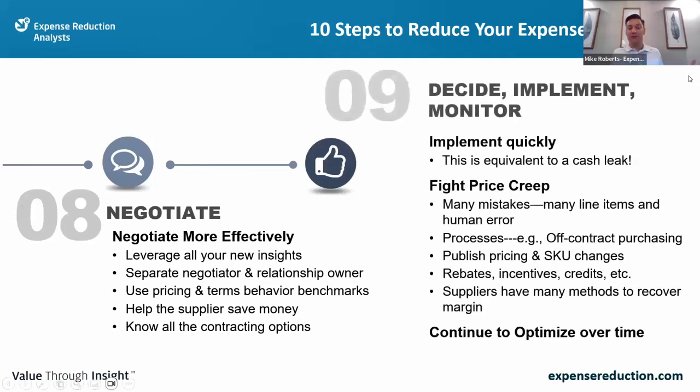And at this point, you've done all your research, you've negotiated your new pricing, you have new proposals, new agreements at your disposal. So at this point, it's time to take action. It's time to put that information into place.